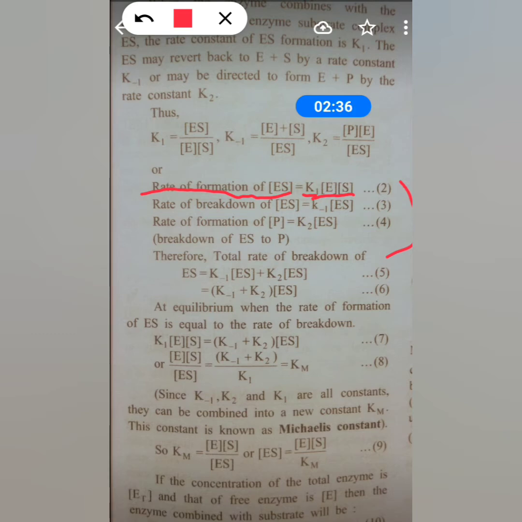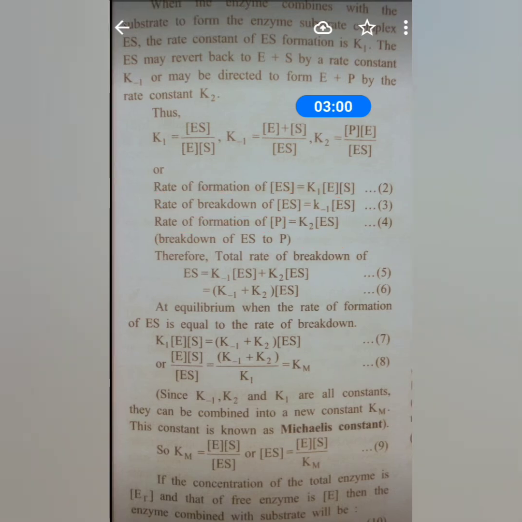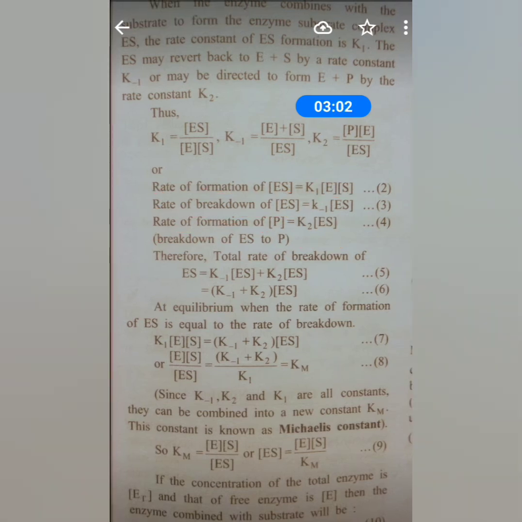That is the rate of formation of ES I showed you just now. Whereas the rate of breakdown of ES, that is the backward reaction, is given by K minus 1 into ES concentration, while the rate of formation of product is given by K2 into ES concentration. So we get equations 2, 3 and 4.